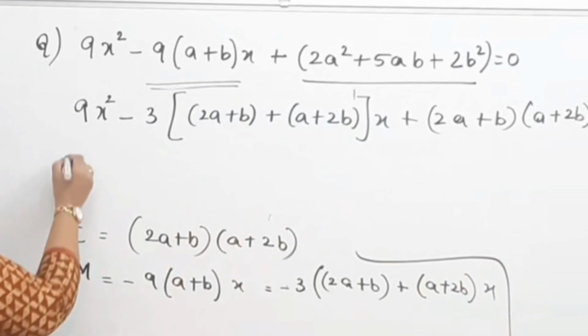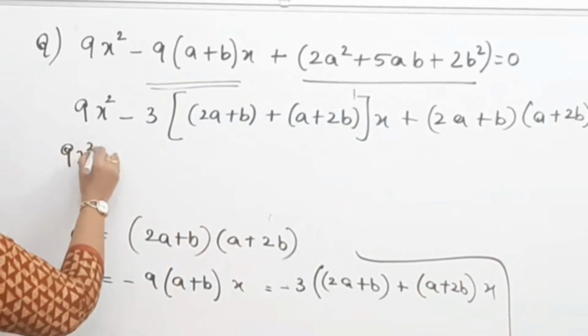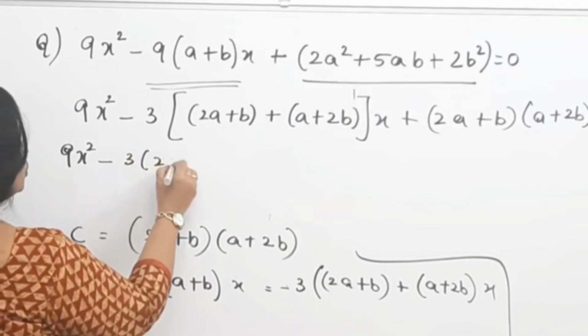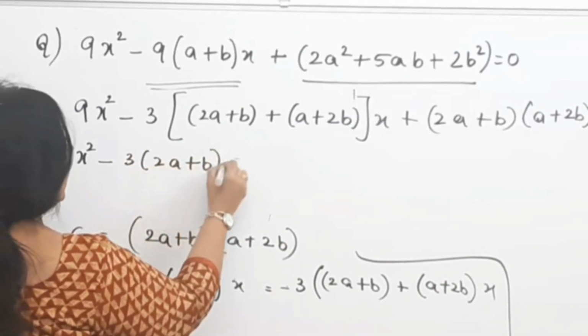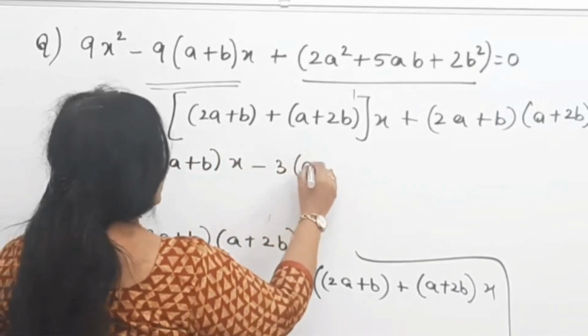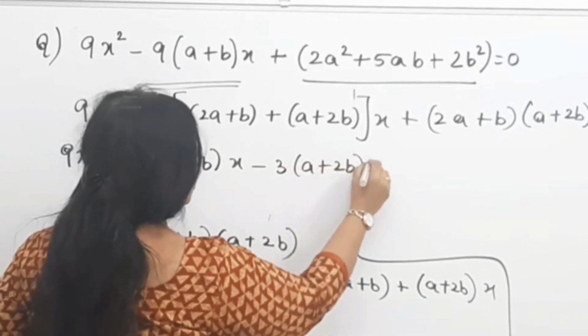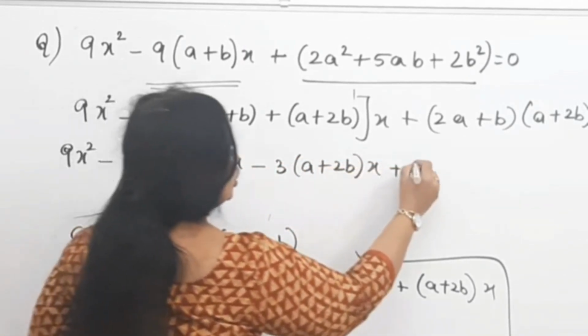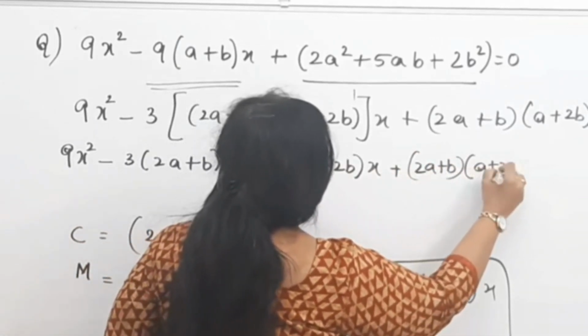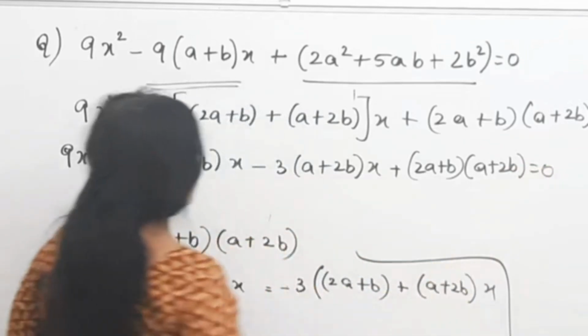Now I'm going to multiply this and this: minus 3 into 2a plus b into x minus 3 into a plus 2b into x plus 2a plus b into a plus 2b equal to 0.